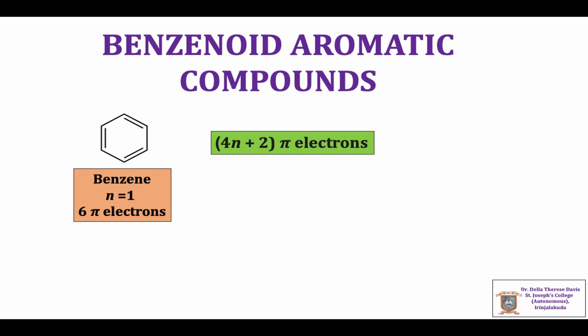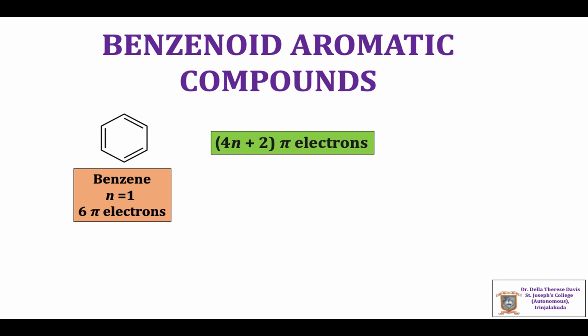Now let us see the number of electrons in each system and how they obey Huckel's rule of aromaticity. In benzene, there are 6 pi electrons and the number of rings is 1.